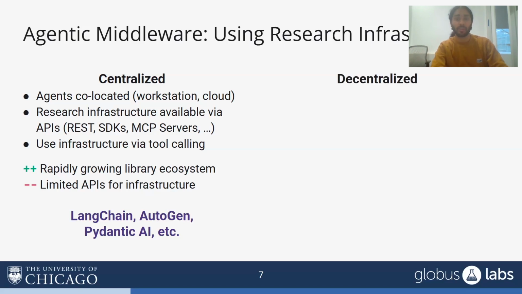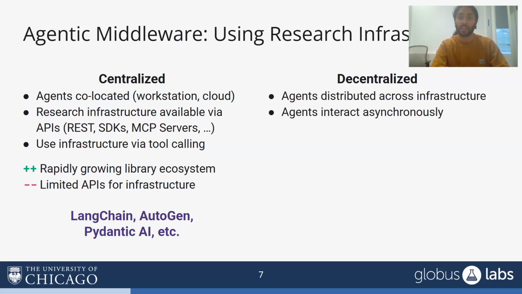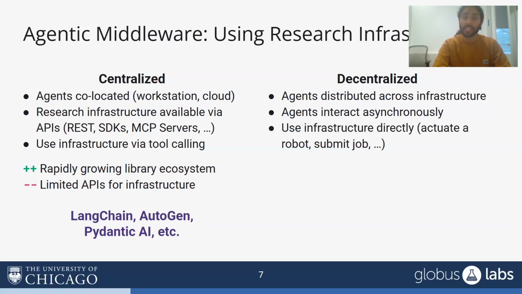But what we're moving towards, what we think is a more powerful model, is this decentralized approach, where agents are actually distributed across the infrastructure. They can interact asynchronously when they're online, so they can be spatially decoupled as well as temporally decoupled. And that means they can use infrastructure directly. If they live on a robot, they can actuate that robot.